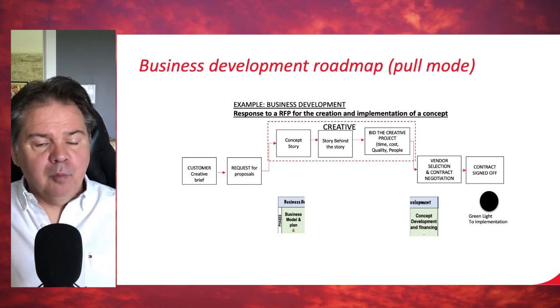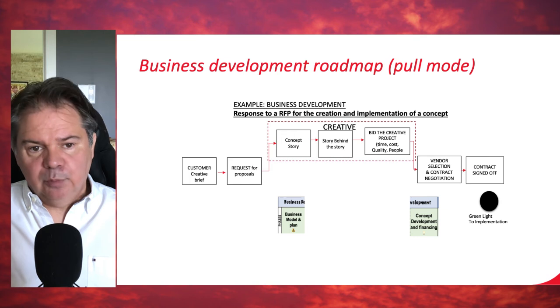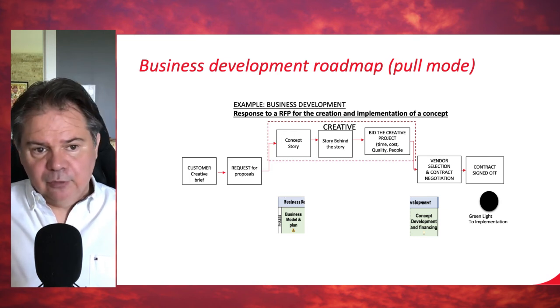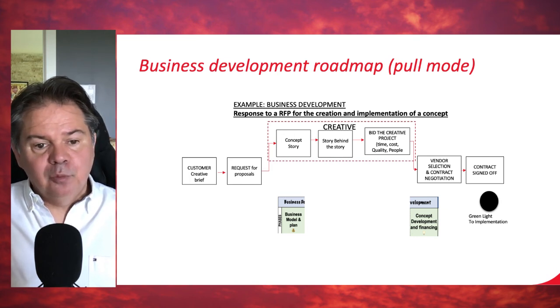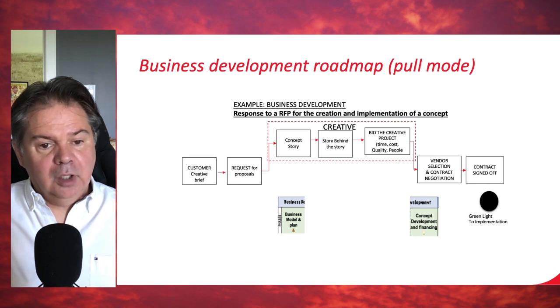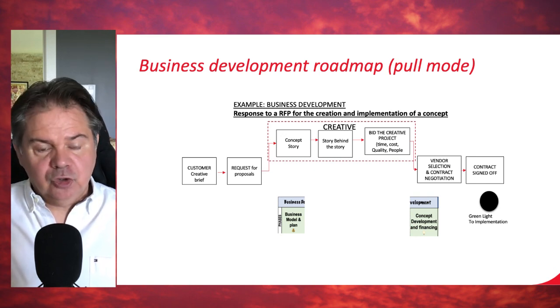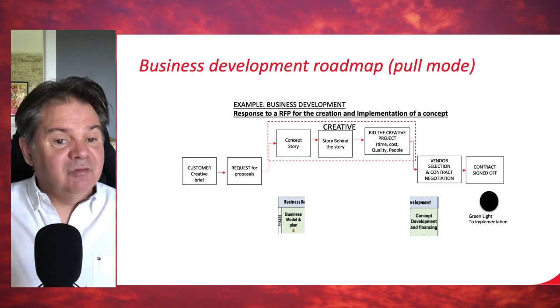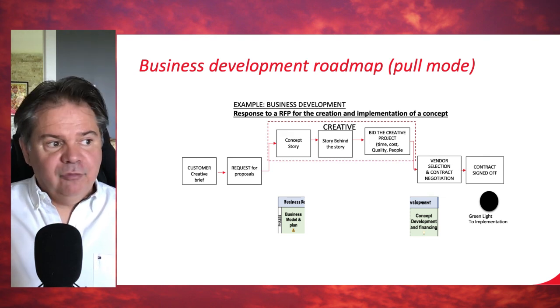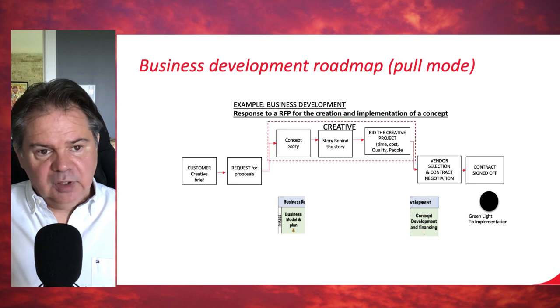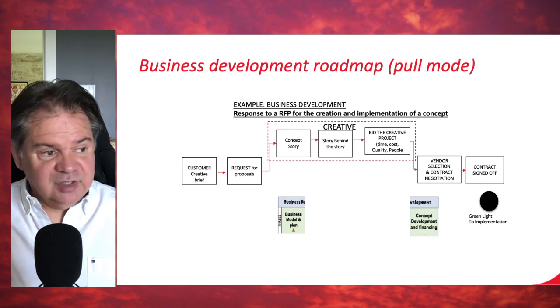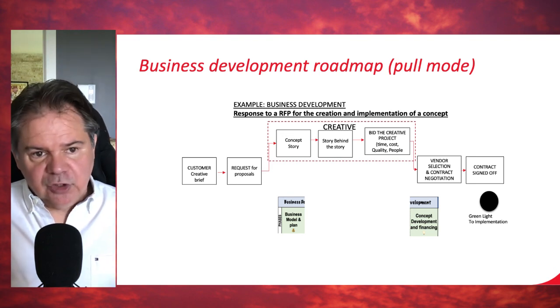So, some businesses work in the pull mode. You've got to be careful about what you're bidding and basically what is going to go in the contract, especially if you develop the intellectual property. If you're not developing the intellectual property, then it can make it easier. For example, on a VFX, for the movie, you don't own it.